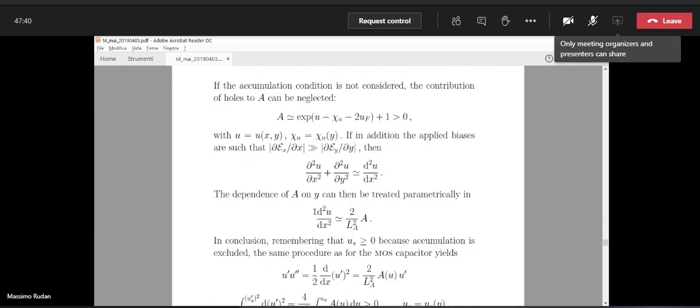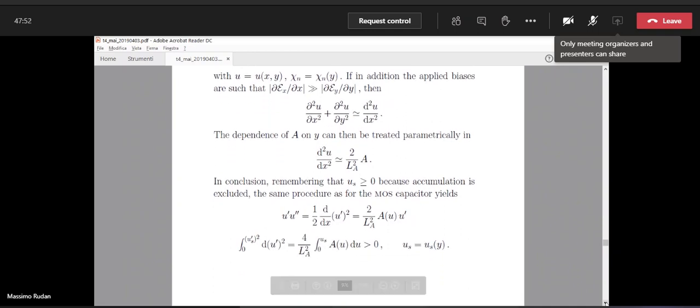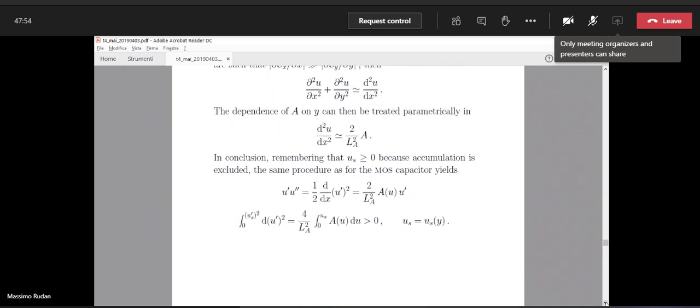We keep only the second derivative with respect to x. So we have an expression for the Poisson equation that is again the same as for the MOS capacitor, which is even simpler because the expression of A is simpler since we are considering only the strong inversion condition.